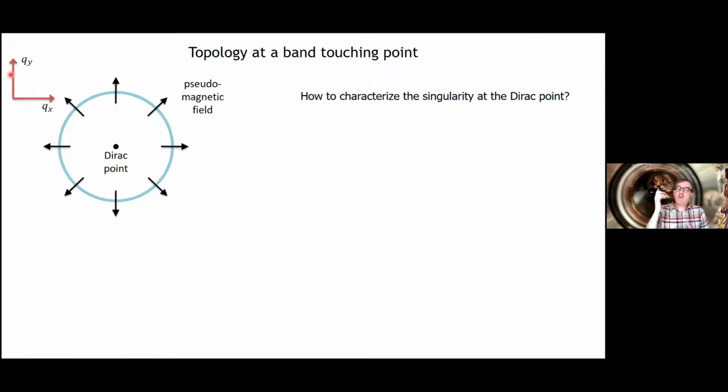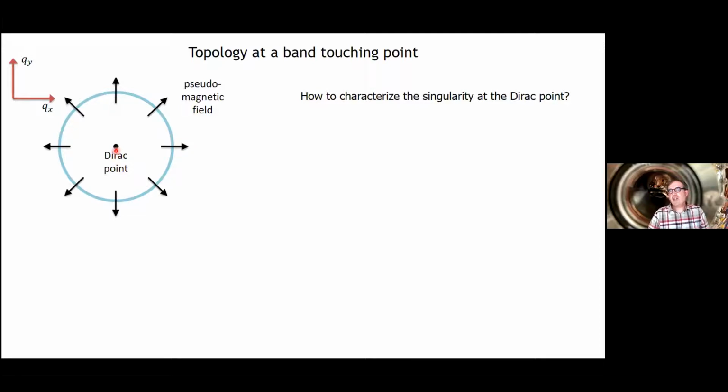It's a spin that either is pointing in the up y or minus y direction. And similarly here, the states correspond to a pseudo-spin pointing either in the plus x or minus x direction. So the states are uniquely defined everywhere around the Dirac point, but at the Dirac point itself, there's a singularity in that definition. Which state you have really depends on how you approach the Dirac point.